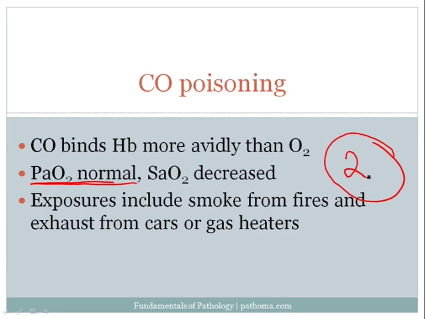Another important source would be exhaust from cars, and this is the classic example of a patient who might try to commit suicide by carbon monoxide poisoning, where they start their car and shut the garage door, and the carbon monoxide slowly builds up within that closed space. And a third way by which carbon monoxide poisoning can occur is via gas heaters, which is a relatively high-yield clinical scenario that can show up on exams.